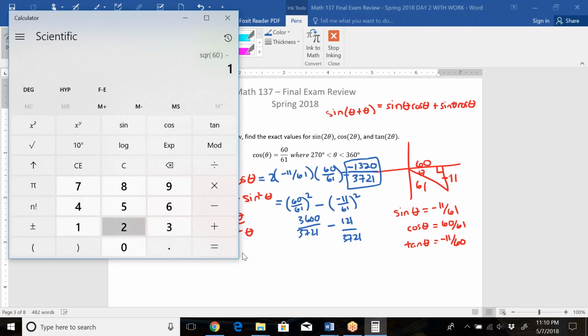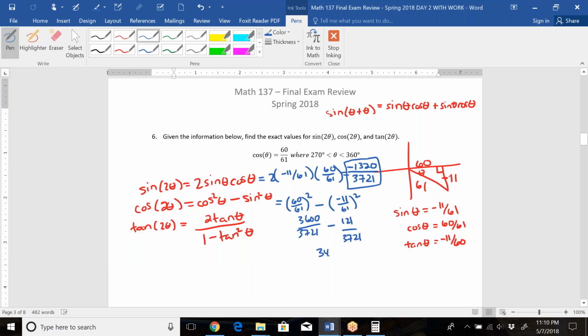So minus the 121 on top, 3,479 over 3,721. So that's going to be our cosine. And then again, we could just do sine over cosine to get our tangent, or we can show it in the formula.